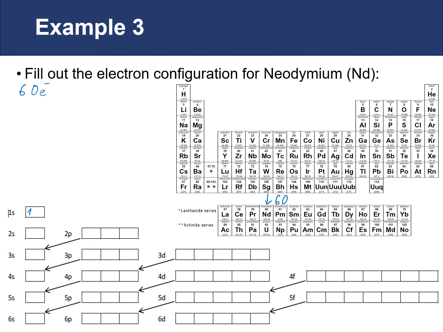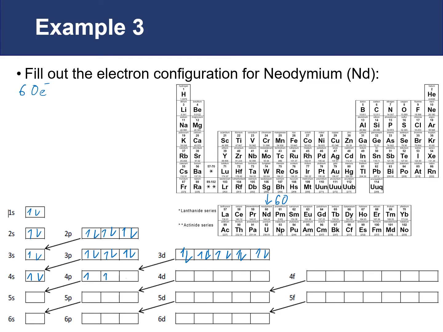So you go 1, 2, 3, 4, 5, 6, 7, 8, 9, 10, 11, up through 30.